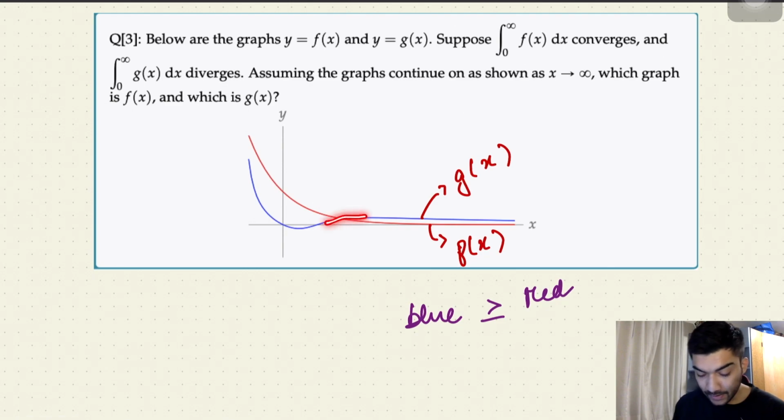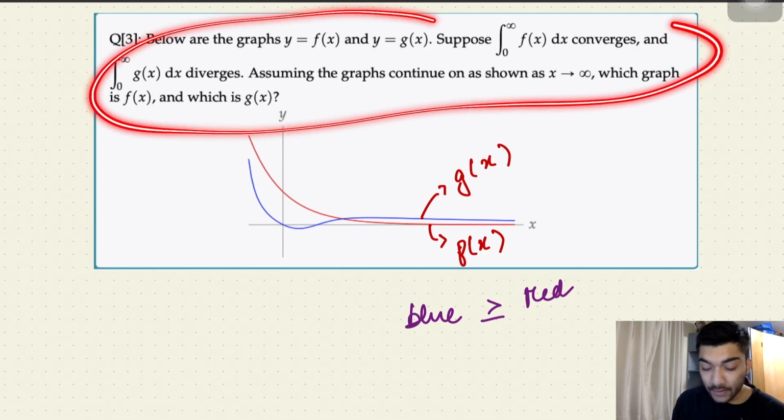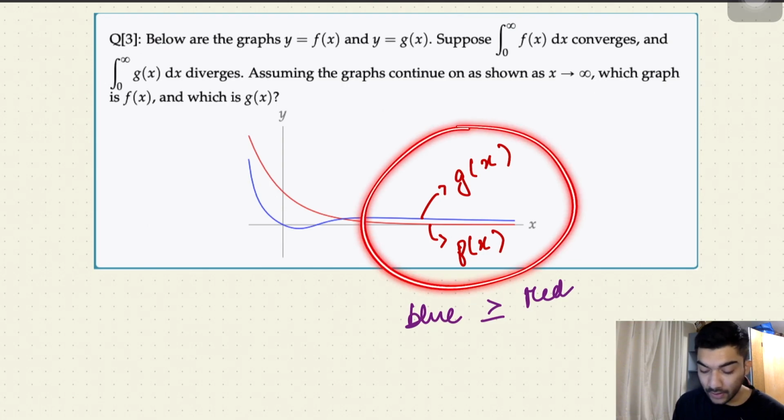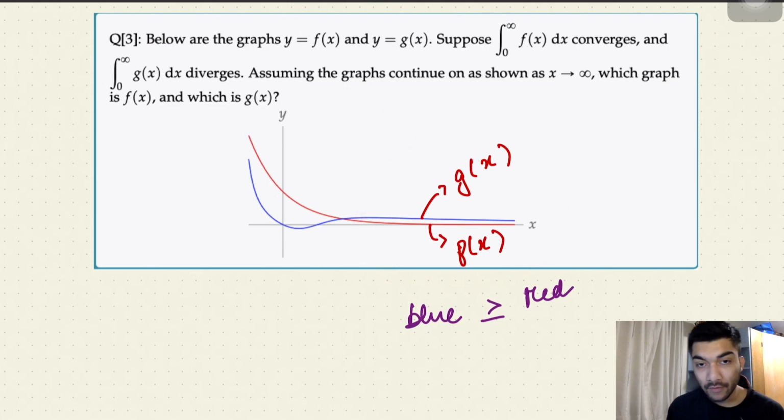Because by the comparison test, we know that if the area under the curve for the blue function converges, then the area under the curve for the red function would converge as well. That is what we already know from the comparison test. But since this is not what we want based on the question, our functions will have to be swapped. So g(x) will be the blue function and f(x) will be the red curve.